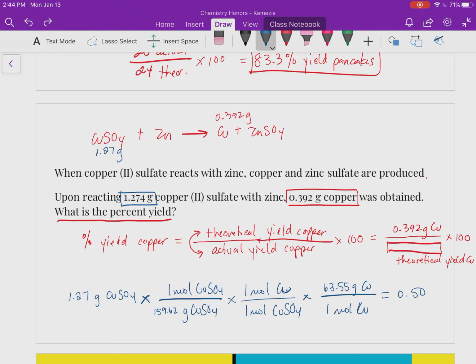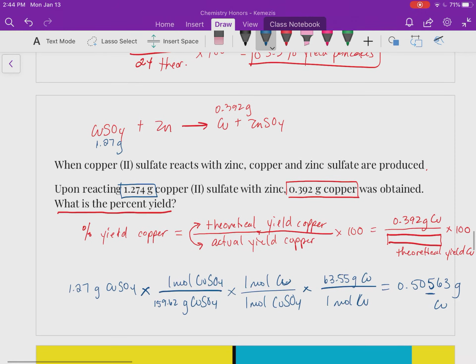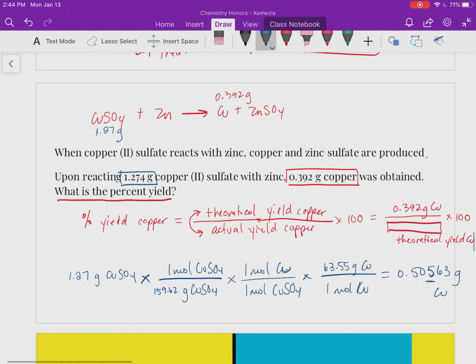Can actually keep a little bit more because this isn't our final answer, but we can track our significant figures to the 3rd place. So if all of the copper sulfate were to have reacted completely with no error, we could have gotten 0.50563 grams of copper, but we only got 0.392.